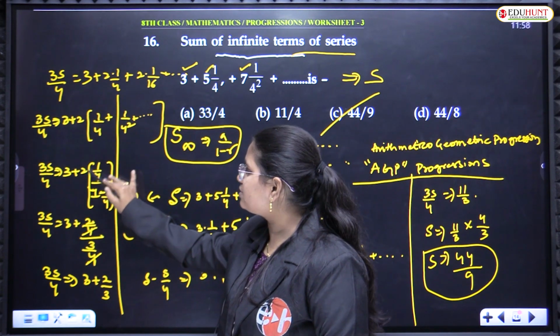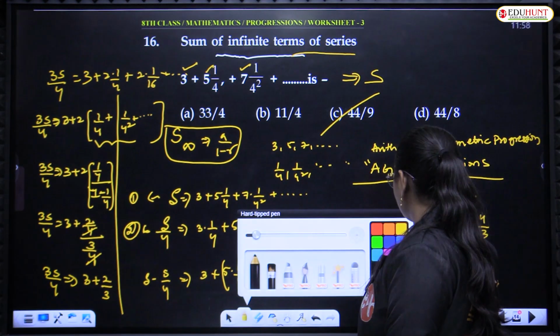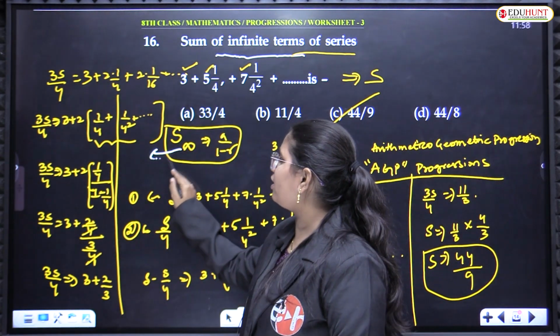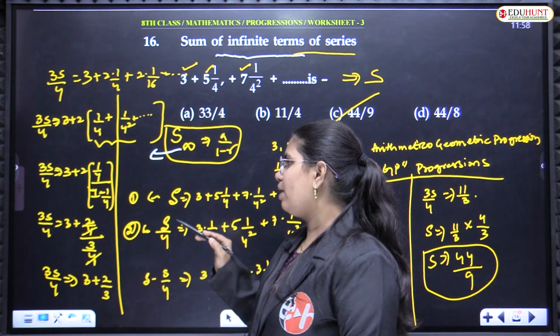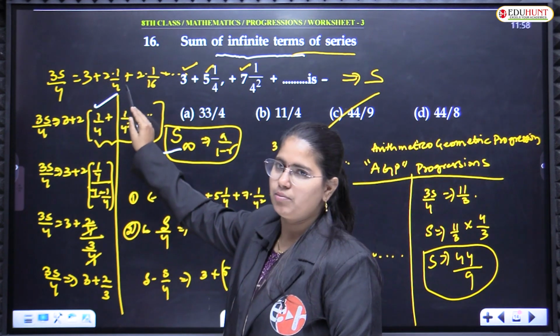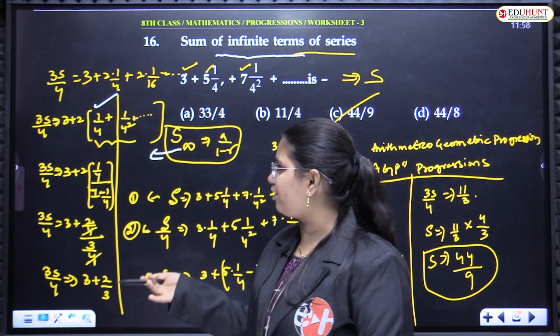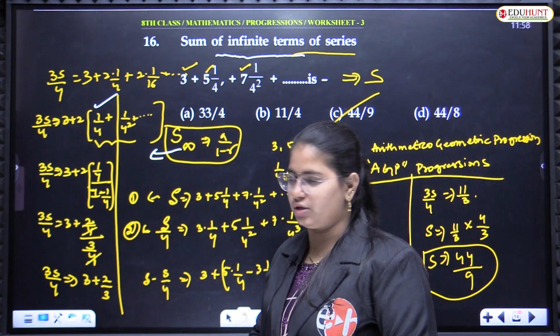So 3 plus this is a sum of n terms in a GP. So what is the formula? S infinite is equal to A divided by 1 minus R. So what is the value of A here? 1 by 4 is the first term, and the common ratio R is 1 by 4 again. So A and R values are the same for the above progression.